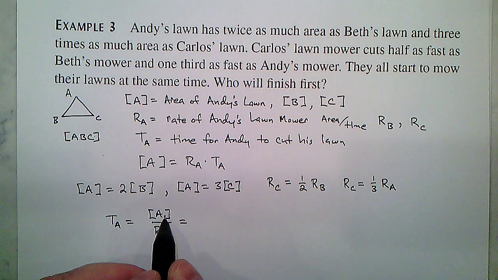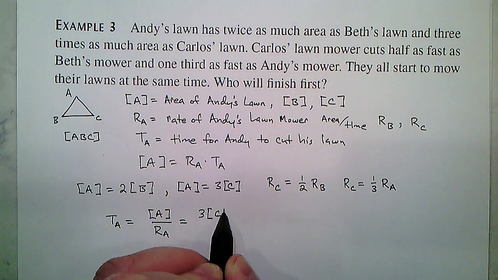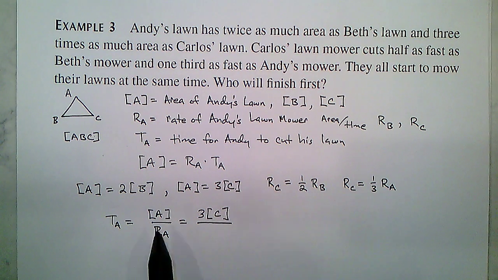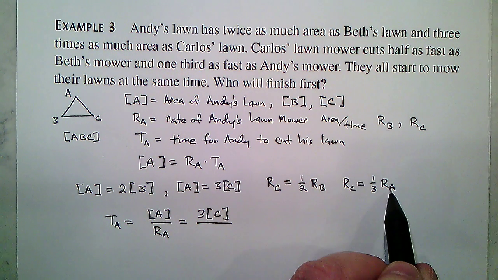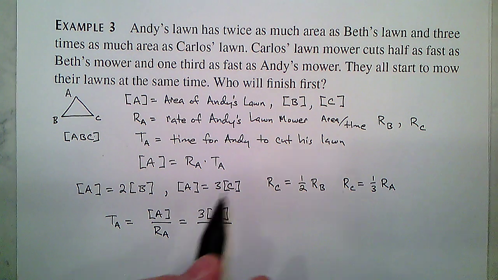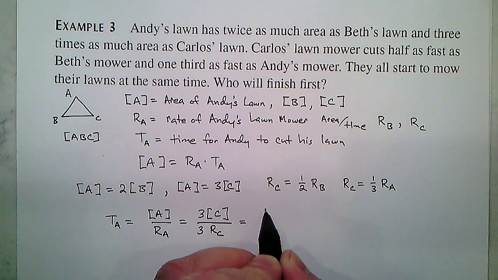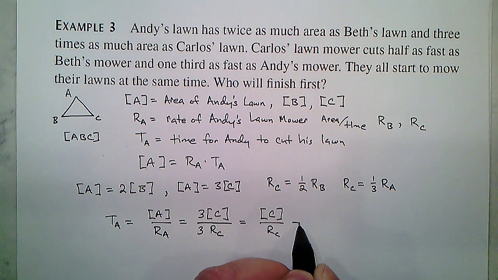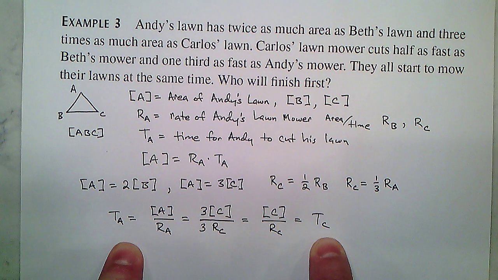Andy's yard is 3 times bigger than Carlos's yard. I need Andy's rate, so I can multiply by 3: Andy's rate is 3 times Carlos's rate. Oh, look at that, the 3's cancel. So this is just the area of Carlos divided by Carlos's rate, which is the time of Carlos. So they finish at the same time.